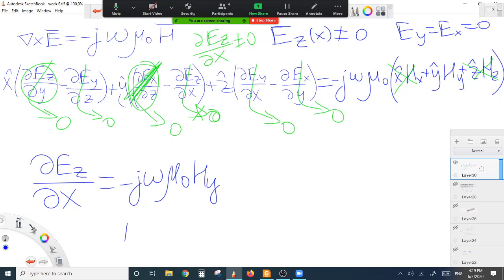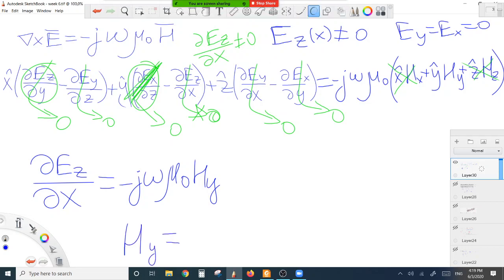so from here, Hy is equal to 1 over omega mu 0 multiplied, not 1 but j, sorry, j over omega mu 0 multiplied by dEz over dx.